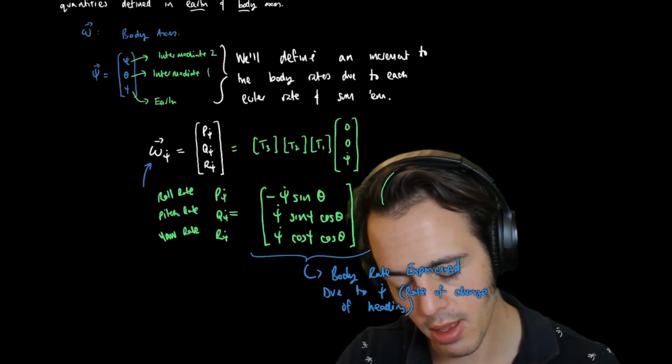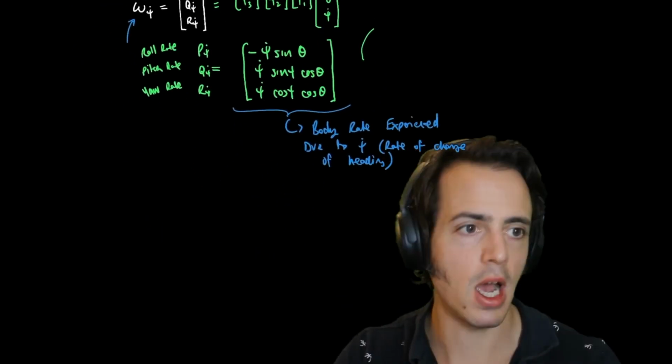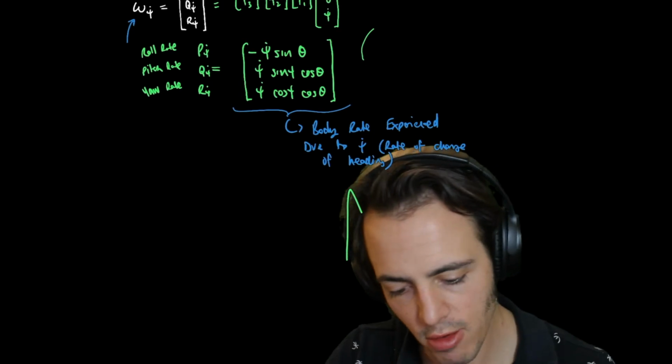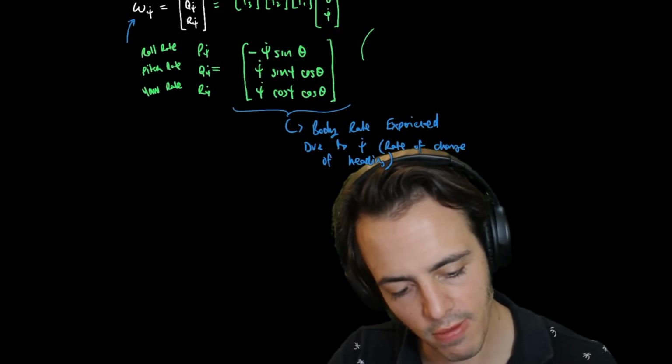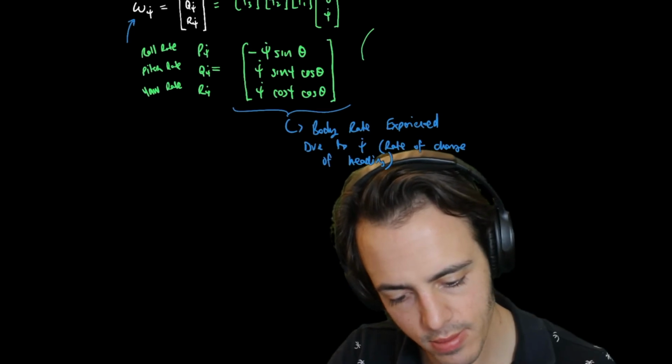So we're going to come up with the one due to pitch rate. Remember, for the first one, we had to go through all three of the Euler angles. We're now going to go through and do the same for pitch rates.